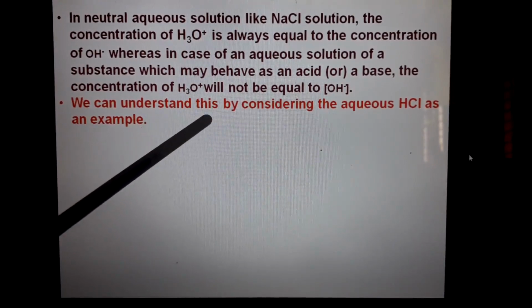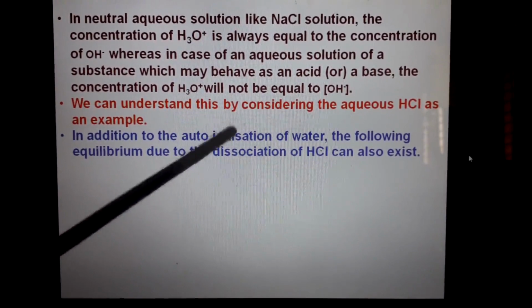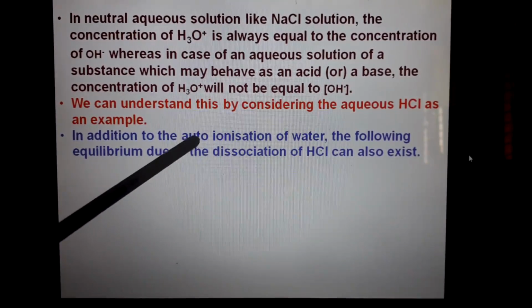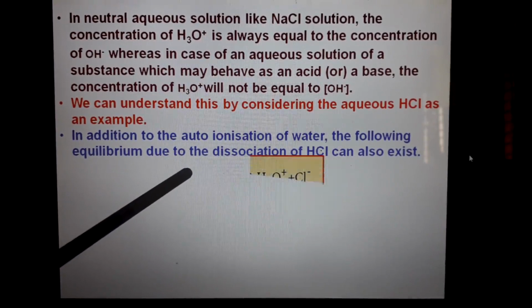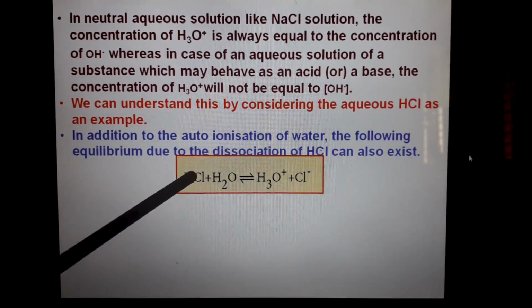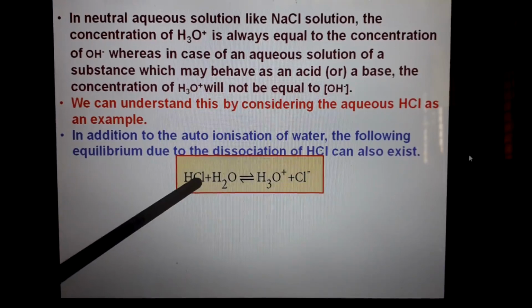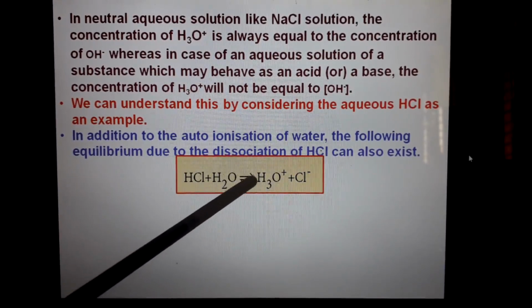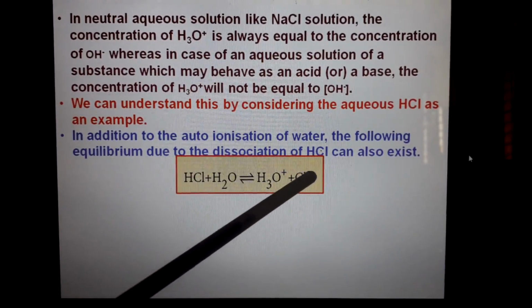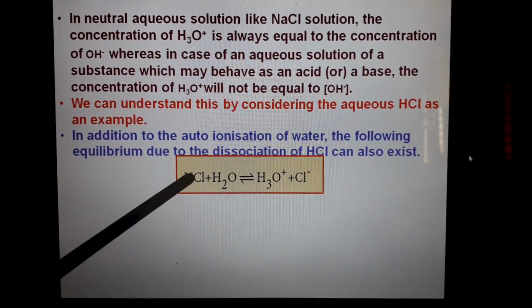Now, in an aqueous solution of HCl, in addition to the auto ionization of water, the following equilibrium due to the dissociation of HCl can also exist. HCl plus H2O in equilibrium with H3O plus and Cl minus. HCl is dissociated into H plus and Cl minus.